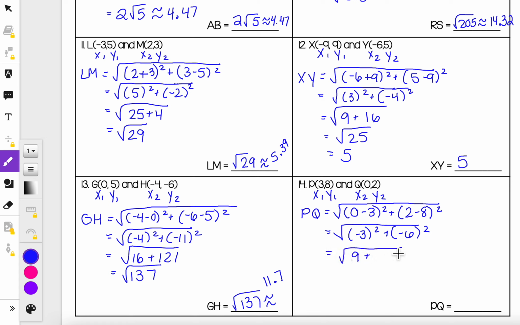Simplify those exponents. Here we have this square root of 45, which can be simplified. So if I were to simplify my radicals, that would be the square root of 9 times the square root of 5, which is 3 root 5. Or as a decimal, it's going to be 6.71.